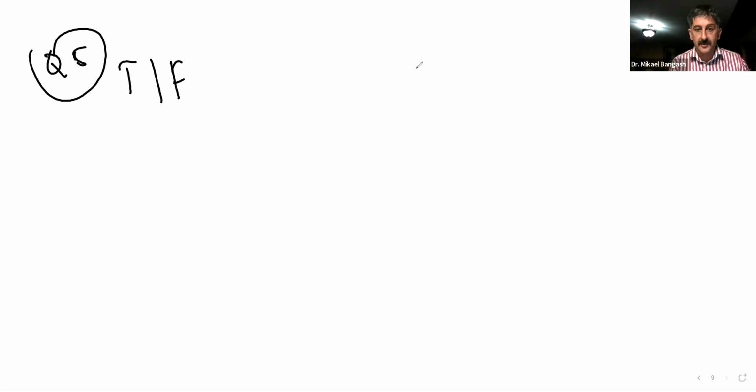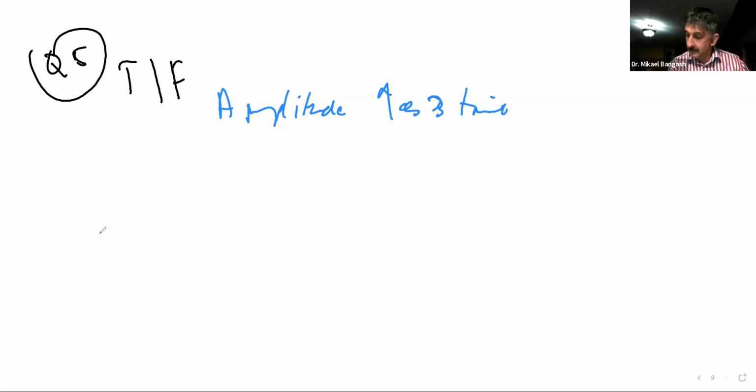Here it says, is it true to say that if the amplitude increases 3 times, the power, well, they're talking about the intensity, increases 6 times? And that is false.